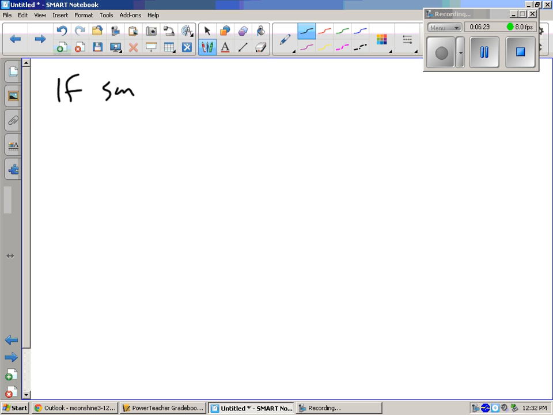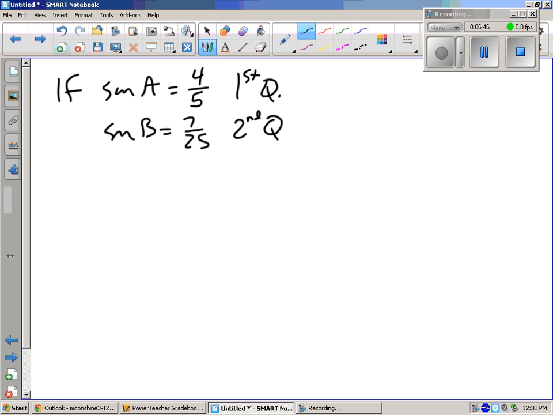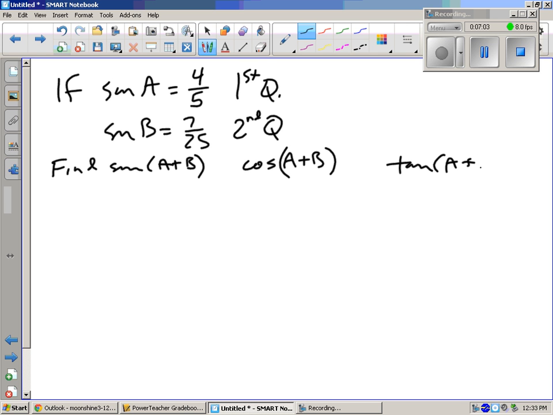If sine of some angle A is 4/5 and it's in the first quadrant, and the sine of angle B is 7/25 and it's in the second quadrant, I want to find sine of A plus B and cosine of A plus B. And just for kicks, we'll find the tangent of A plus B, even though we haven't learned that yet. I'll show you a little tricky trick.